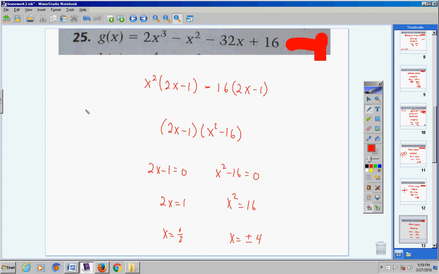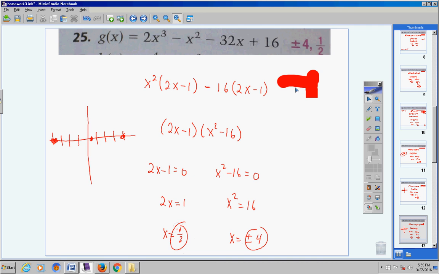So if I was graphing this, I would have an x-intercept at negative 4, an x-intercept at positive 4, and also an x-intercept at 1 half. Okay, guys. Alright, so there's my zeros. 1 half, positive negative 4.